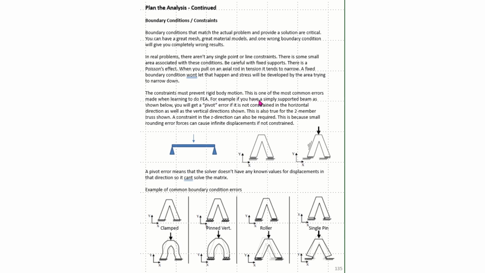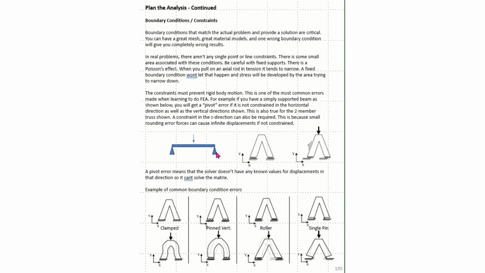For example, if you have a simply supported beam as shown below, you will get a pivot error if it's not constrained in the horizontal direction as well as the vertical directions shown. This small pivot error typically means that you have a boundary condition that is not right, and your model is able to displace off to infinity in some direction.